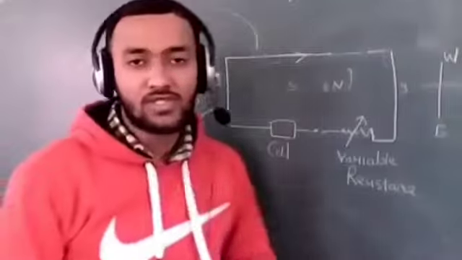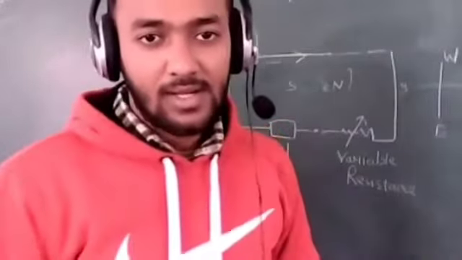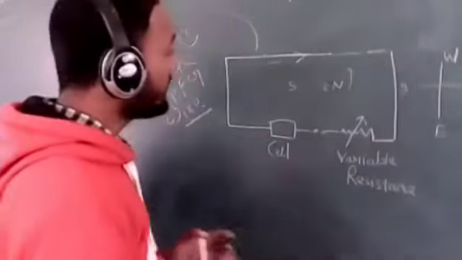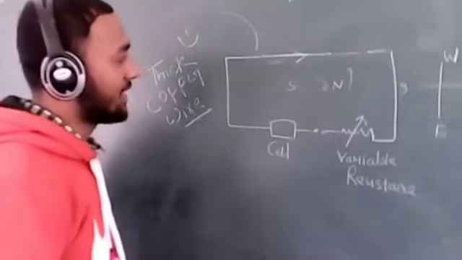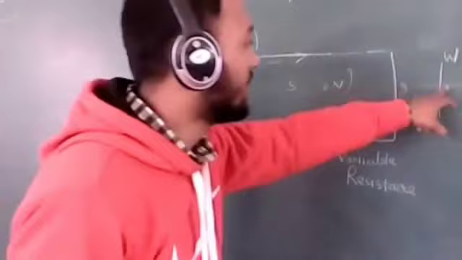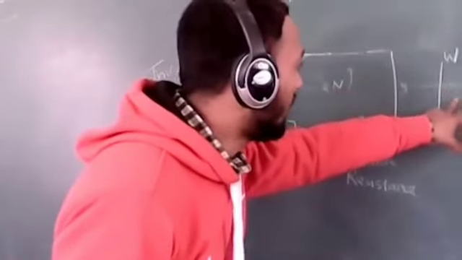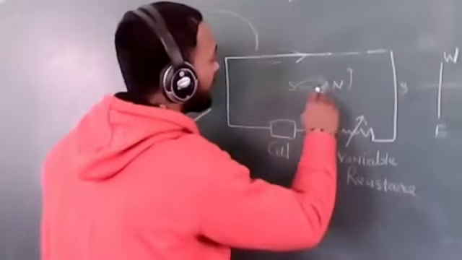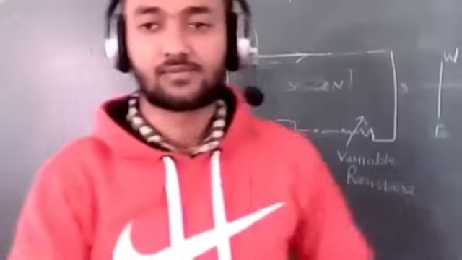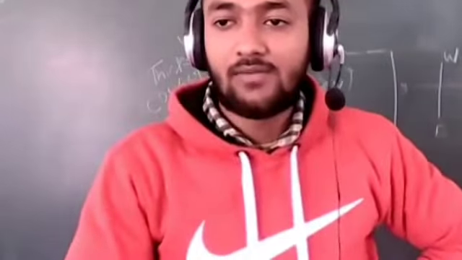So my question is: what is the deflection in this magnetic needle? In which direction does it deflect? Take this as the reference for the direction convention, and tell me towards which direction this magnetic needle deflected. Okay, anyone?